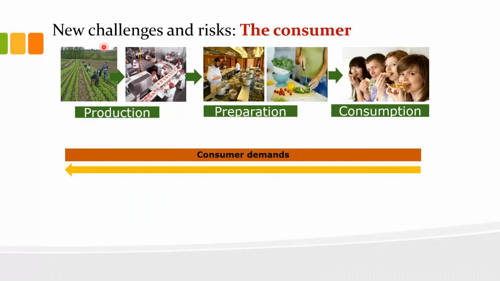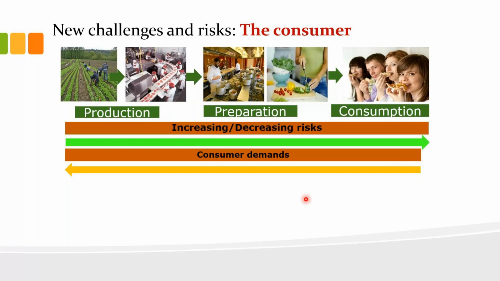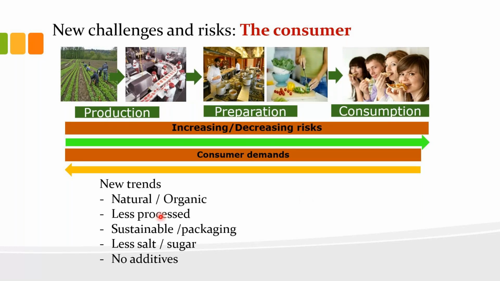We can also see some challenges and risks concerning the consumer, in the same chain of production, preparation, and consumption. If there is a new trend, natural or organic, less processed food, this means high risk.